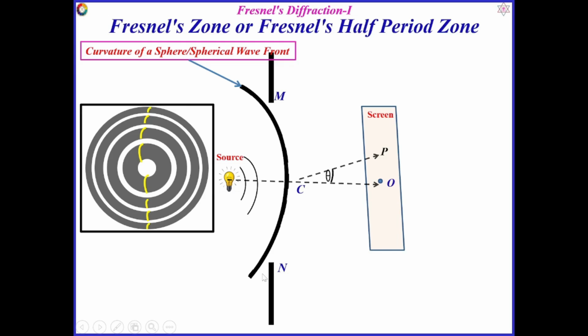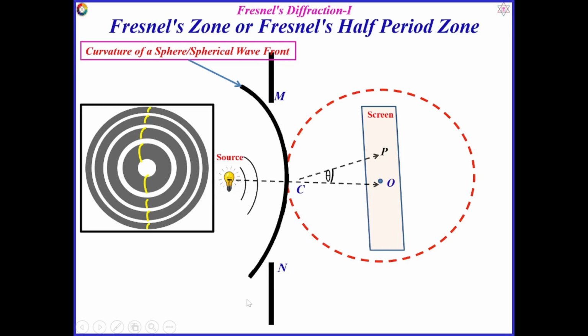Now here is how we construct the Fresnel's half period zone. Suppose we consider the straight line path, this is the point O on the screen, and this is the center we have considered, and we construct imaginary spheres, or circles in 2D, like this, which will cut or intersect the spherical wavefront.